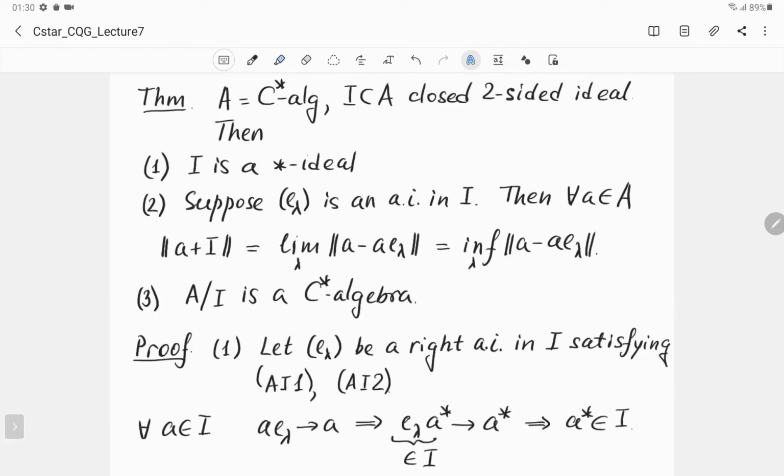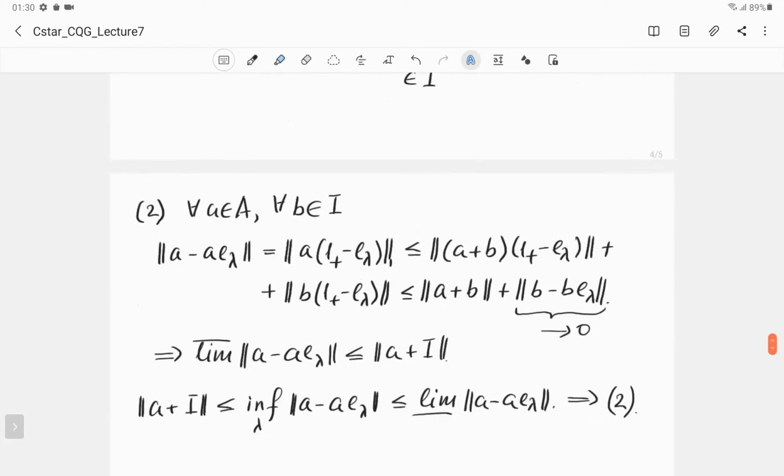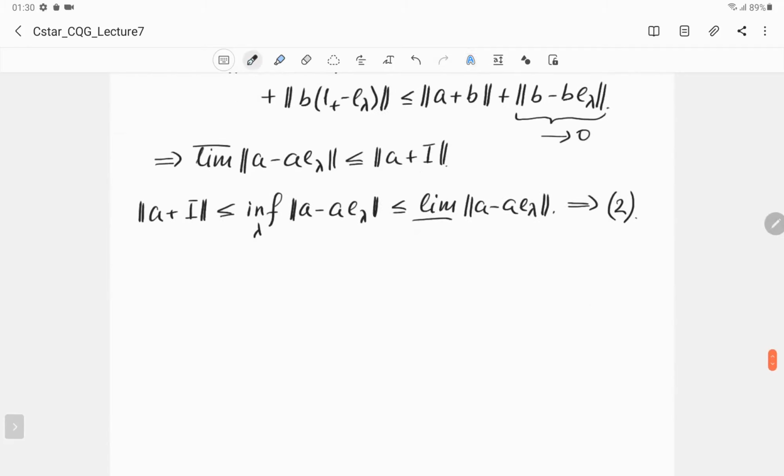Okay, and now we apply this formula to showing that the quotient is a C-star algebra. So this is part 3 of our result. Okay, so we take an arbitrary element A in our algebra, and we look at the norm of A plus I, squared.